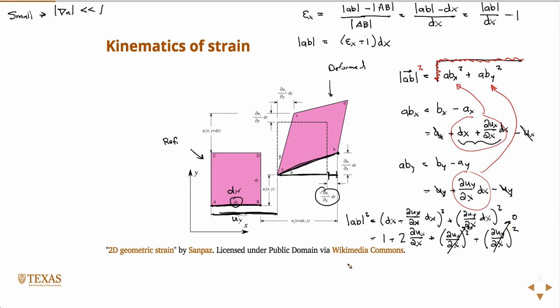So now I have an expression for AB squared. That's 1 plus 2 partial u of x partial x. So then let's return up here and look at this equation. Now I have something to put on the left side for AB. Ultimately, I'm trying to get a relationship between the strain, epsilon x, and the displacement.